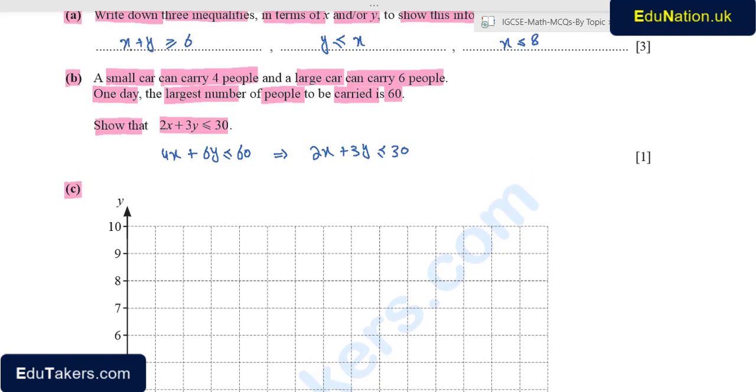Let's say our first inequality is x plus y is greater than or equal to 6. By writing its equation, y is equal to 6 minus x.